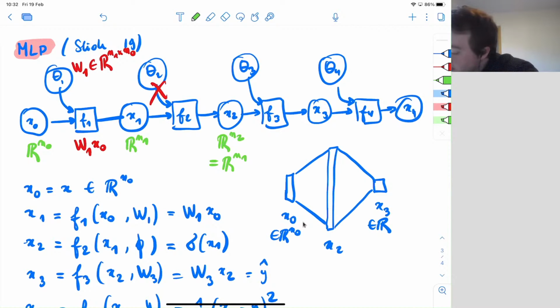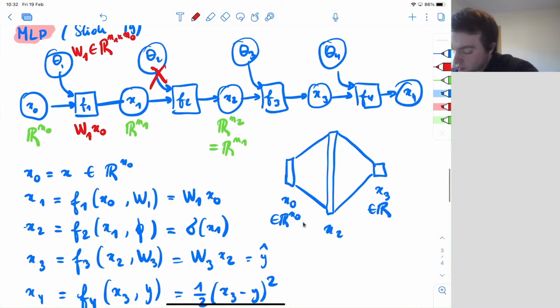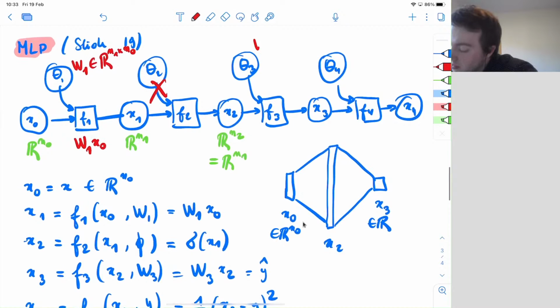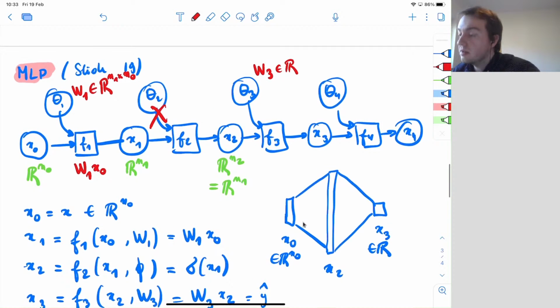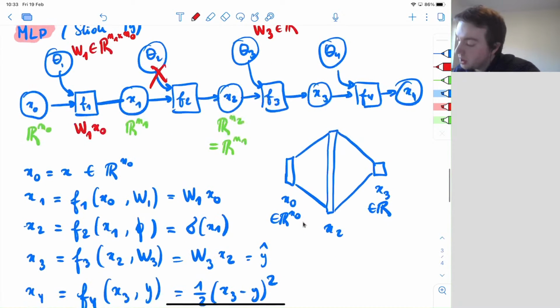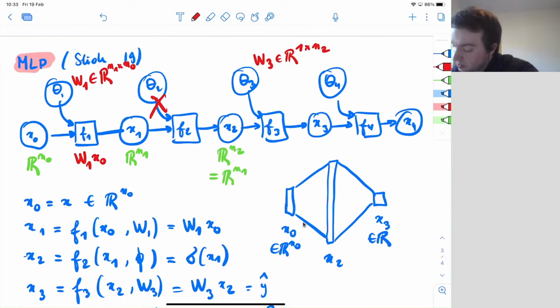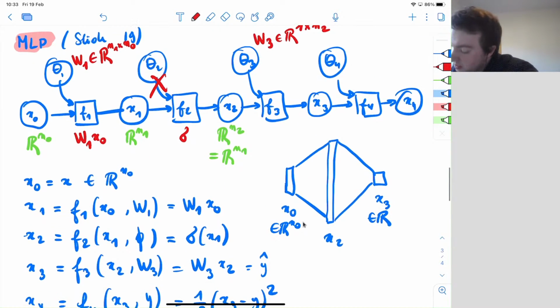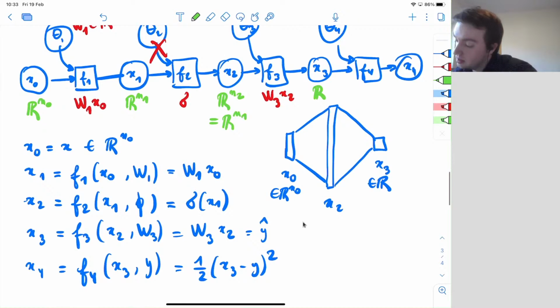Then theta 3 would correspond to our matrix W3, which in this case would be a flat matrix of dimension 1 times n2, such that when you compute W3 times x2, what you obtain is not a vector, sorry, it's a scalar, right?